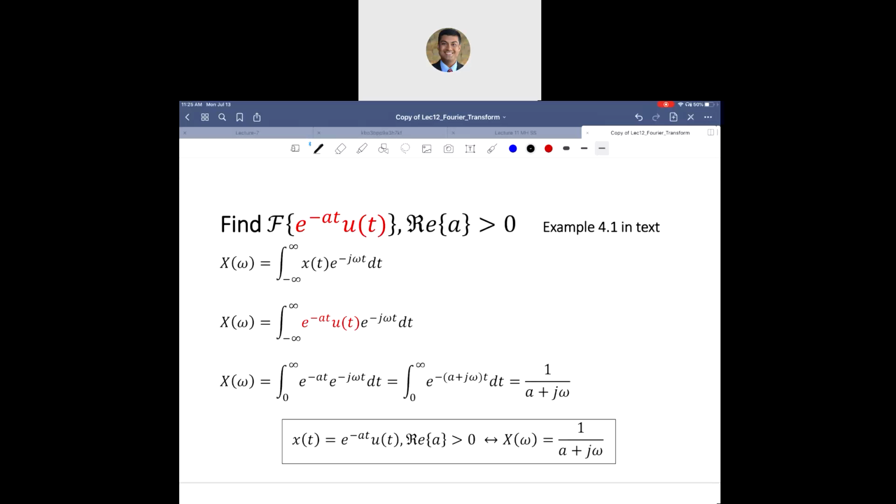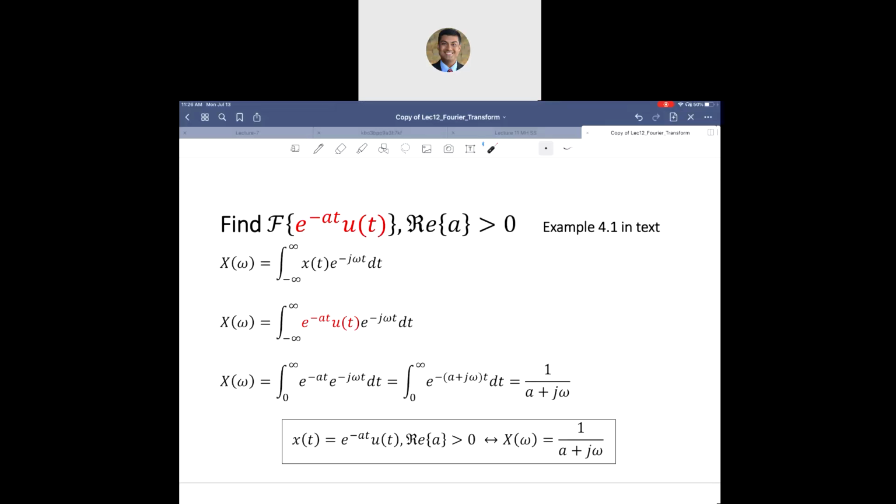This is your first Fourier transform that you are evaluating. And there is a reason why it is in this form, because it's a standard result and it is pretty simple to evaluate. And we will do this using the Fourier transform definition.